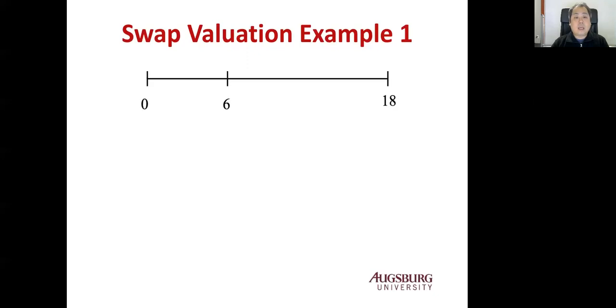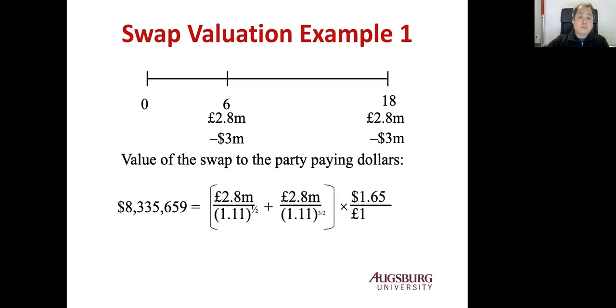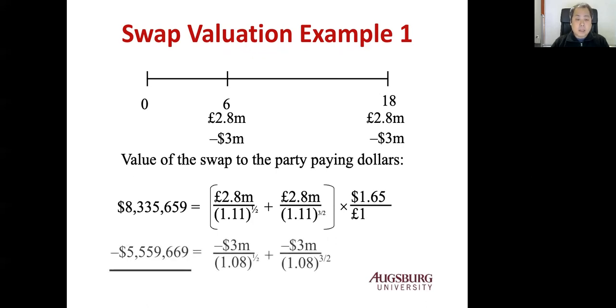So let's look at the timeline here. If they pay in dollars, they pay $3 million 6 months later and 18 months later, right? So you can get the present value of this cost.